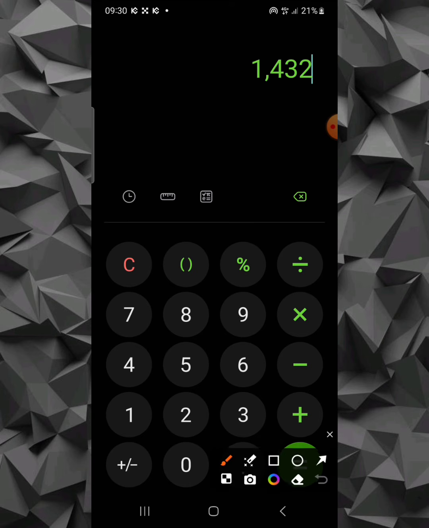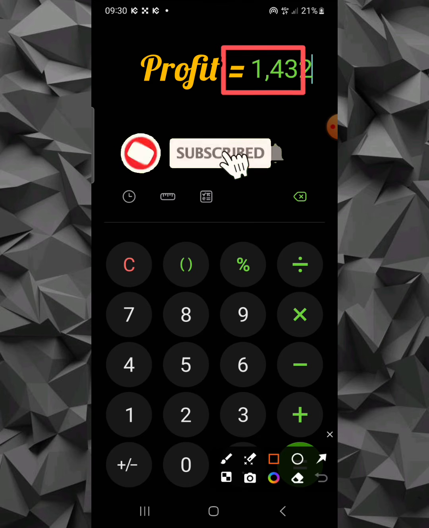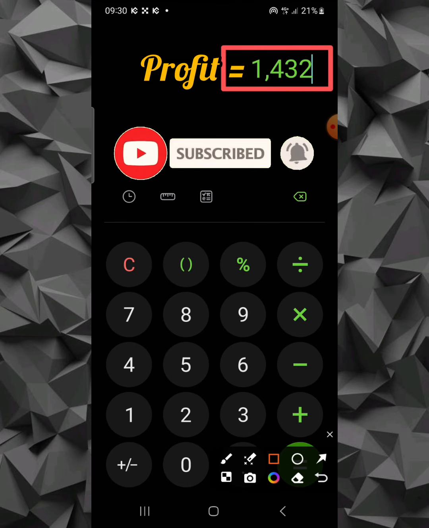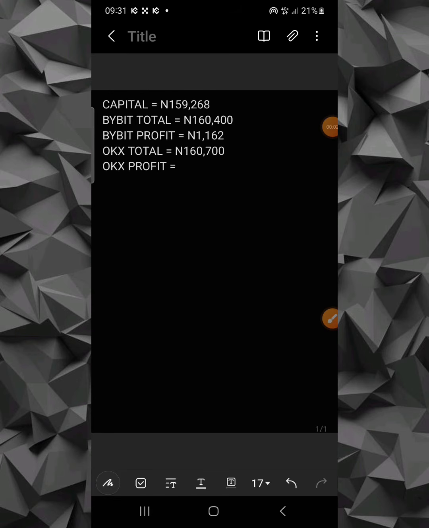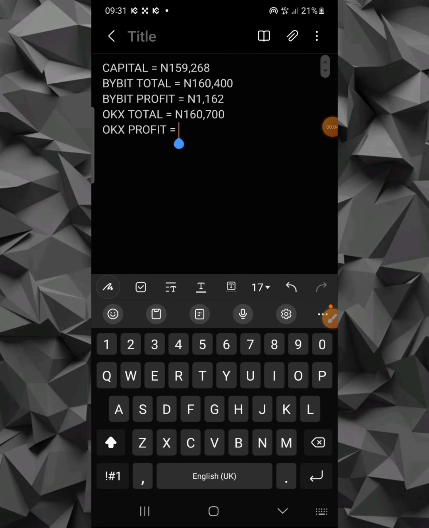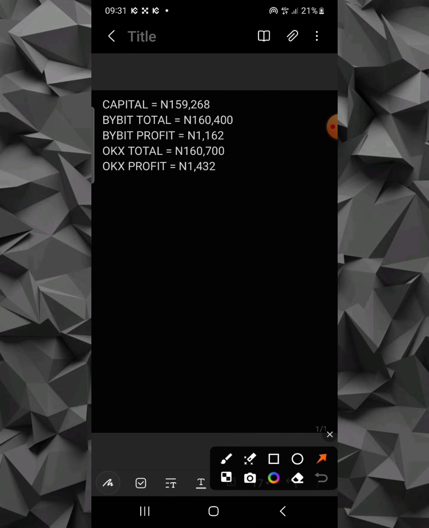You guys can see you're going to be getting back a total of 1,432 naira from this process if you are selling your USDT on OKX, okay? So the profit on OKX is 1,432 naira, okay? Now just by looking at this, you can see OKX has more profit than ByBit, okay?